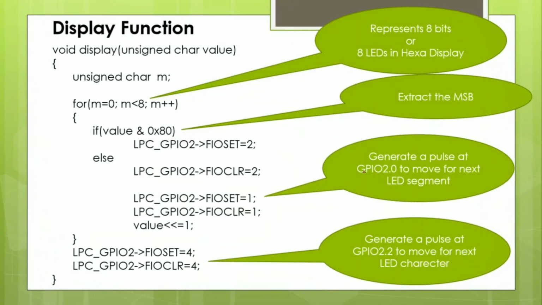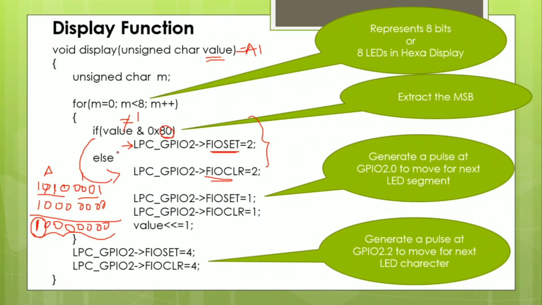Look at the previous slide. The same thing is happening here. When the value ampersand, that is when the MSB, is equal to 1, you are setting it. When the MSB is equal to 0, you are clearing it. Once you clear it, you will give a pulse to GPIO 2.0. Once you give the pulse, the control will move towards the next bit.